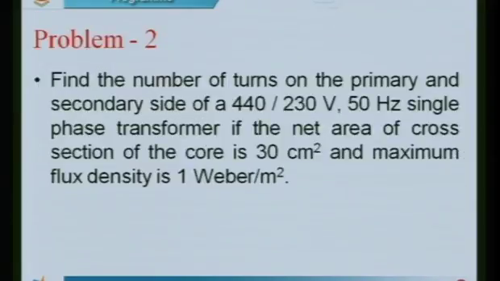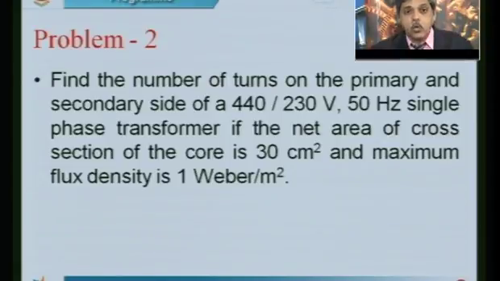I have another problem. This problem is also based upon the EMF equation. Find the number of turns on the primary and secondary side of a 440 by 230 volt, 50 hertz, single phase transformer if the net area of cross section of the core is 30 centimeter square and the maximum flux density is 1 Weber per meter square.